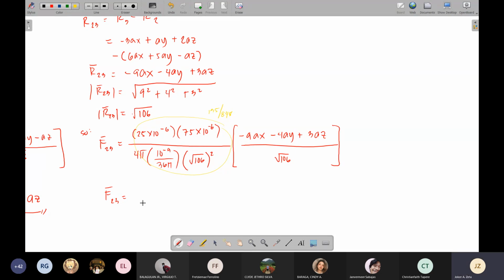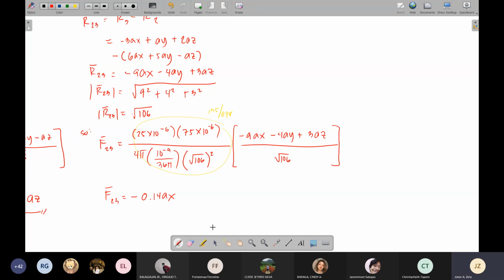Okay, for AX, I have negative 0.14 AX. Okay, then for AY, alpha A times negative 4 divided by square root of 106.